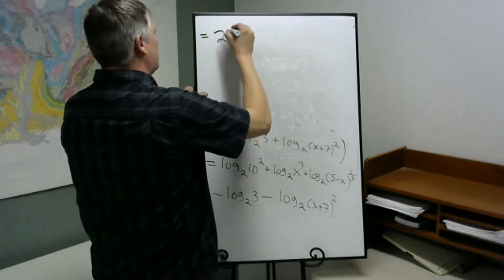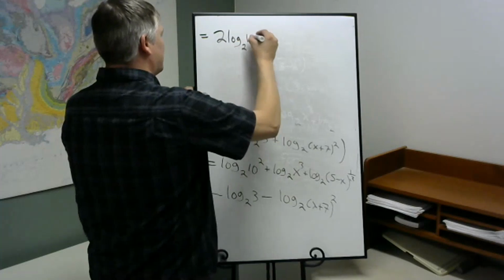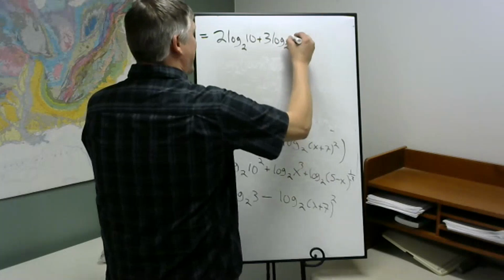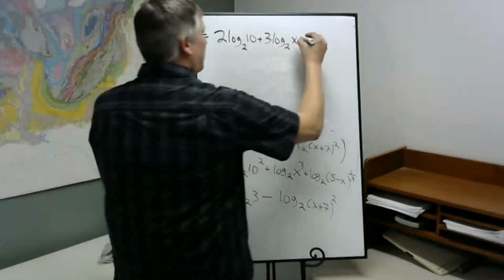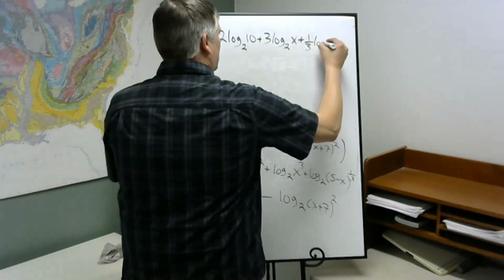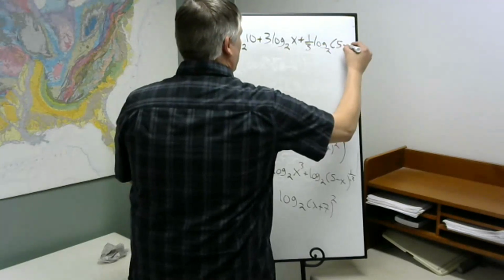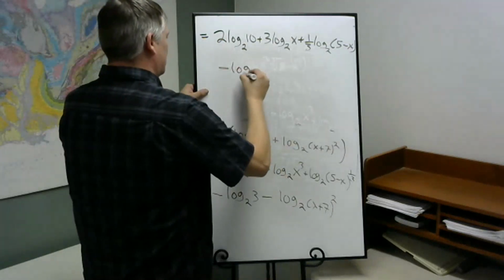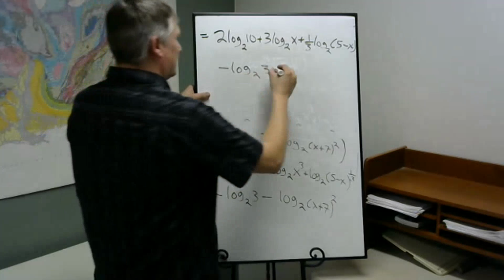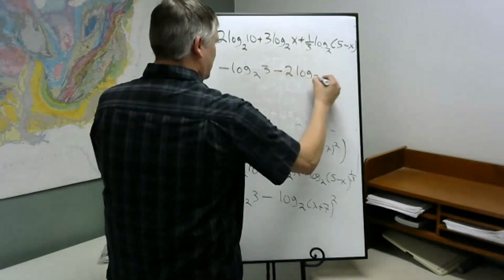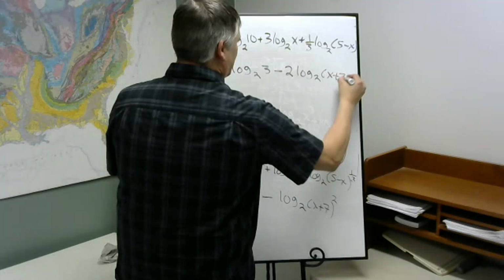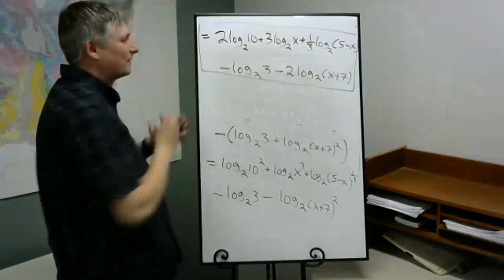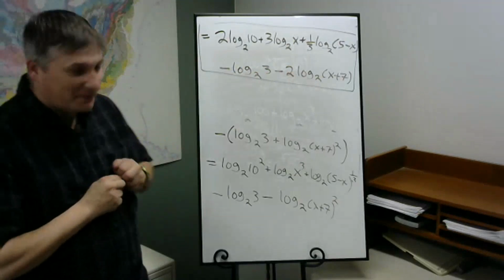So we have 2 log base 2 of 10 plus 3 log base 2 of x plus 1/3 log base 2 of 5 minus x minus log base 2 of 3 minus 2 log base 2 of x plus 7. And that's going to be our answer.